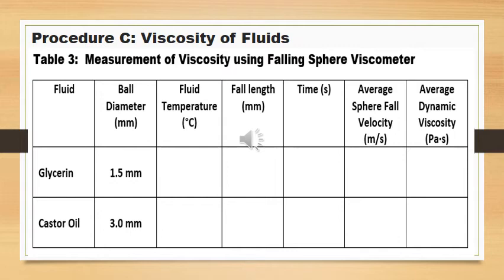In this activity, you're going to conduct at least 3 trials to drop the ball inside the viscometer. After that, we'll record the average sphere fall velocity in meters per second. And with the equation provided to solve for the viscosity, we're going to determine the average dynamic viscosity in Pascal second.